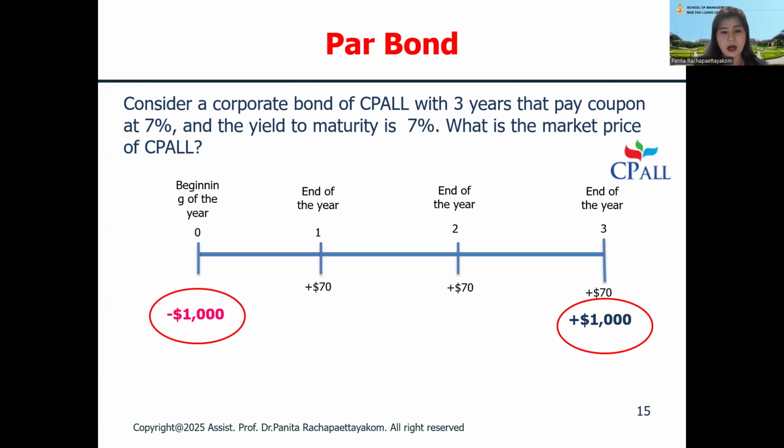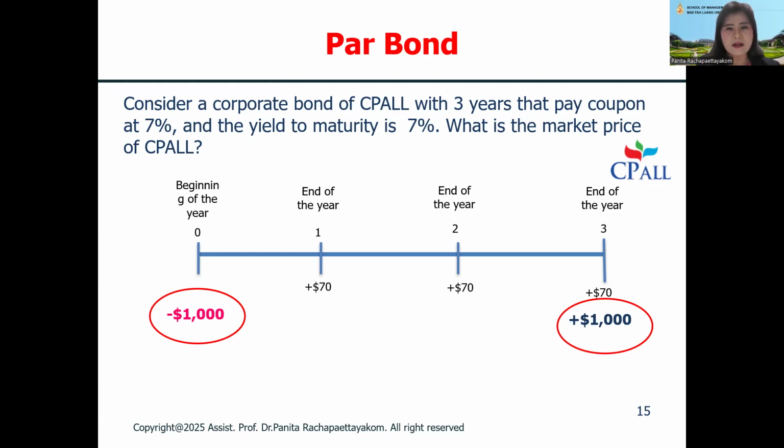For example, you invest in a 3-year CPO corporate bond that offers you a yield of 7%. When you calculate the intrinsic value of this bond, basically the yield of the CPO is equal to the coupon payment of this bond.